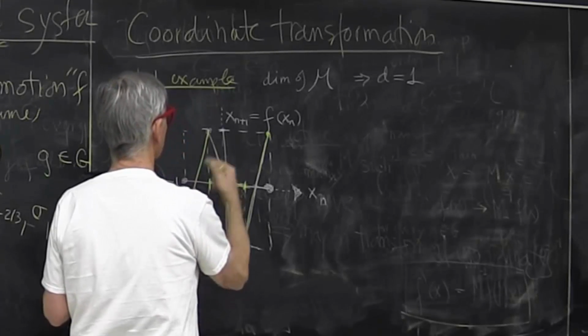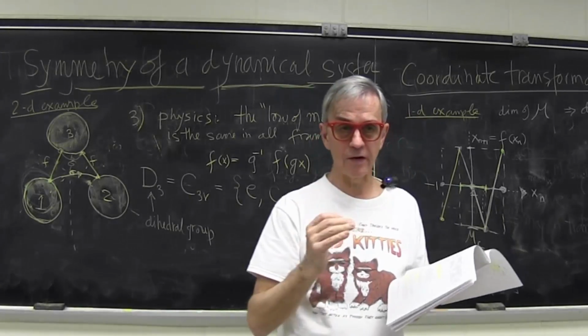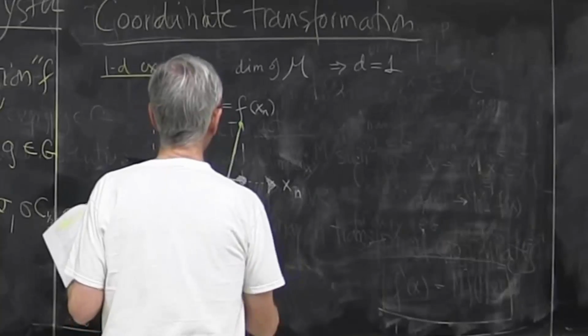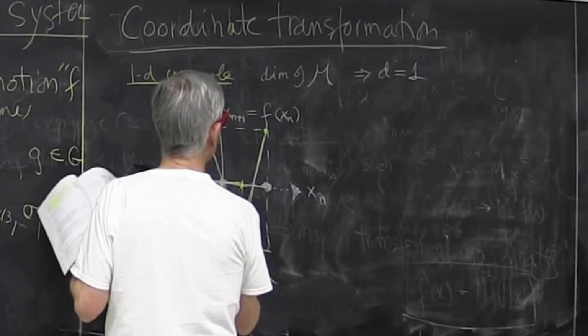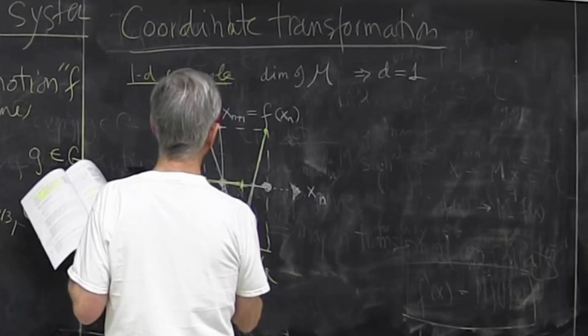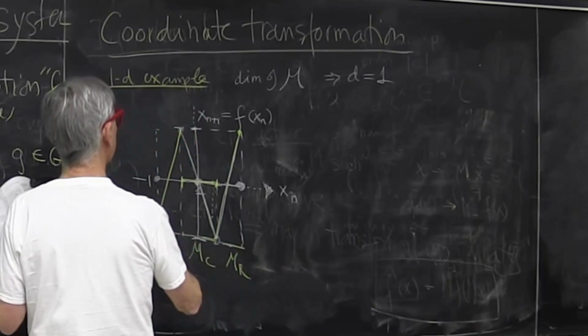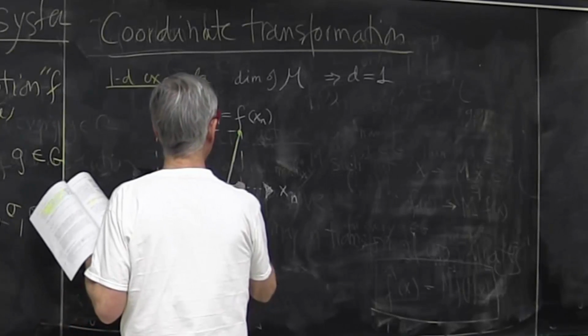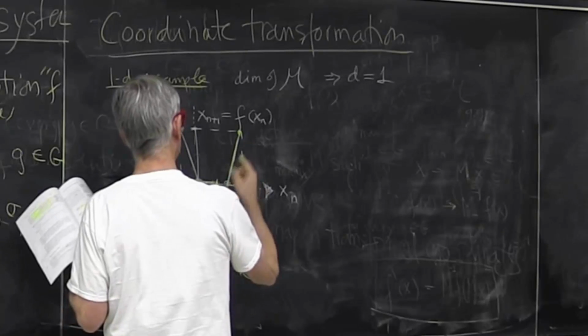So x just gets multiplied by the slope of this map, and because the slope is larger, x gets further away. On this side, which I'll call M_R, if I'm exactly at this point, in one iteration I'm at -1. But if I'm any place around here, for example at this point, this is a fixed point, in one iteration where I used to be.